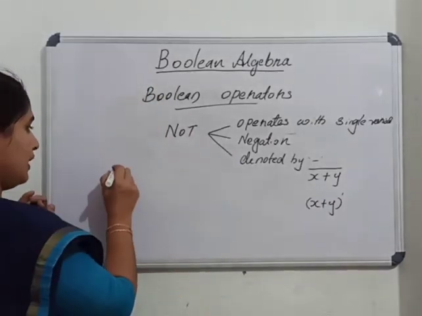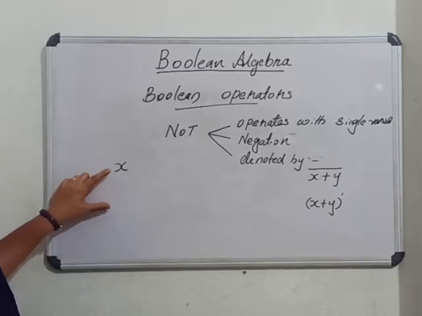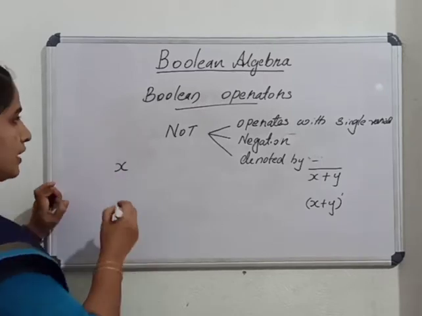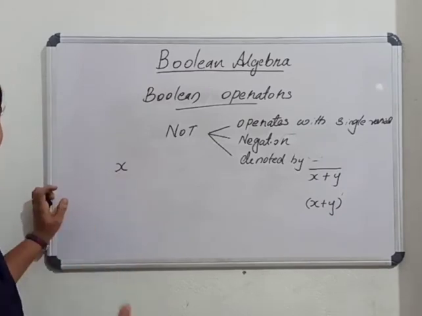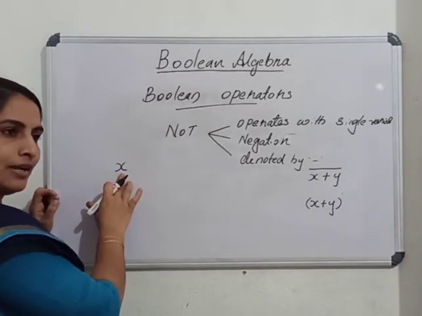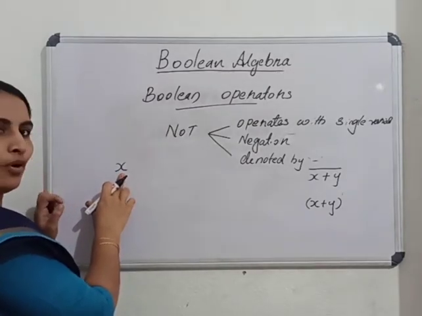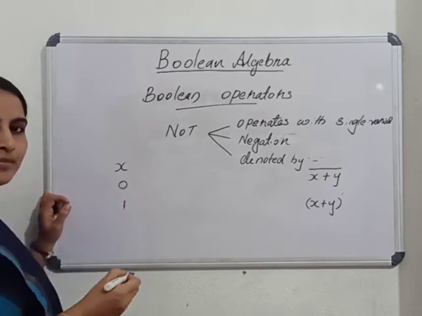So let it be x. X is the variable which I am using with the not operator. Then only one input. So what are the possible values of x? Tell me the truth value of x. It can be 0 or 1.